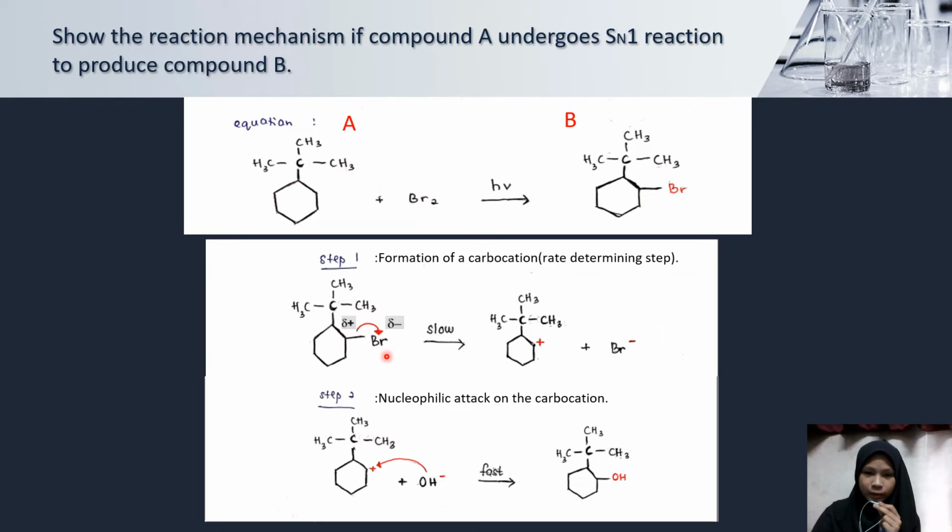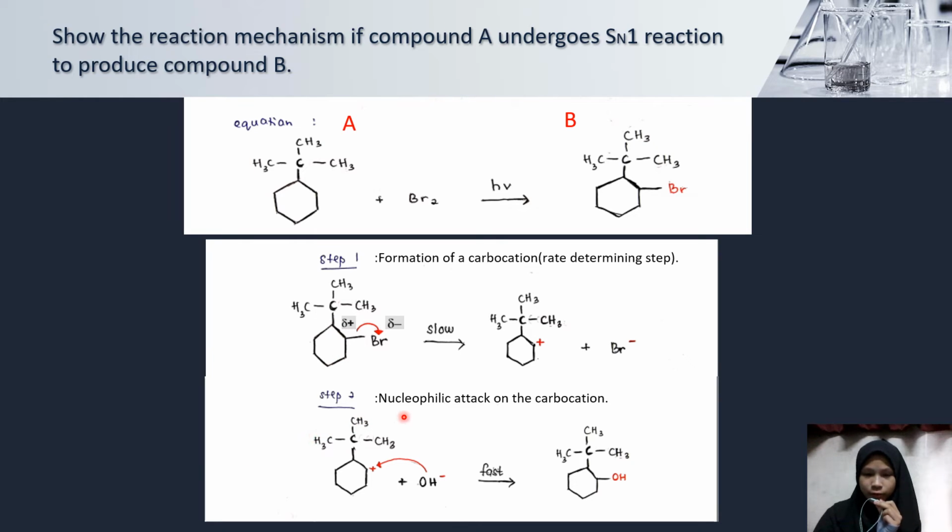So Br will pull the bonding electrons towards itself. Then it will produce a carbocation plus Br minus as an anion. We use the double-headed curved arrow and the rate of reaction is low because we want to break the bond between Br and C.